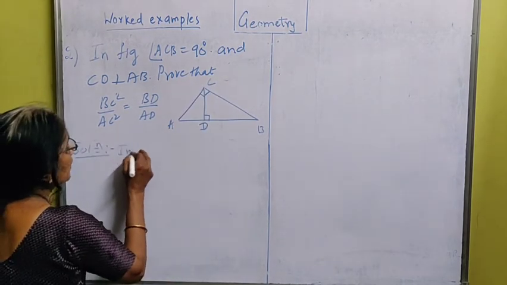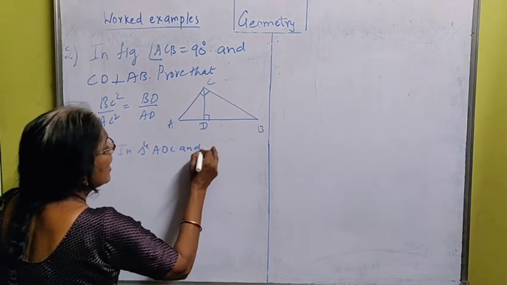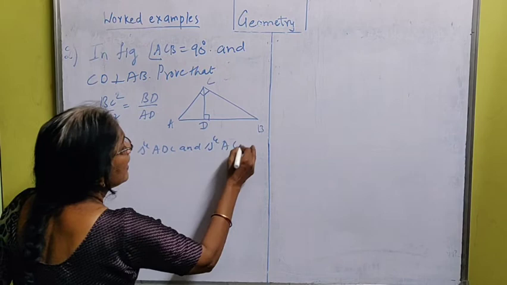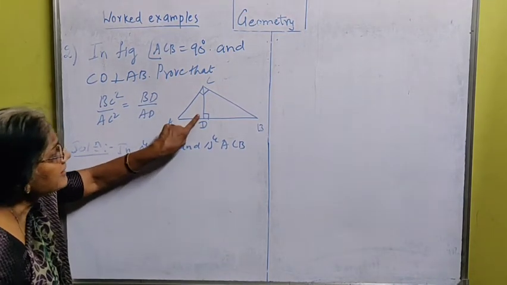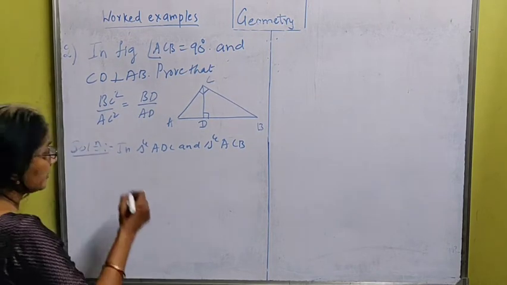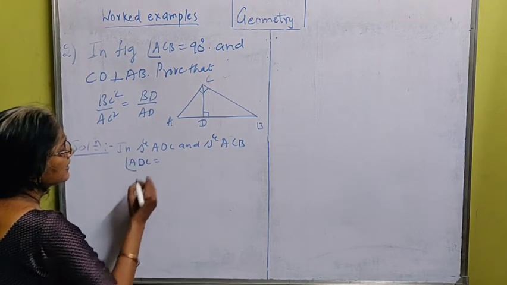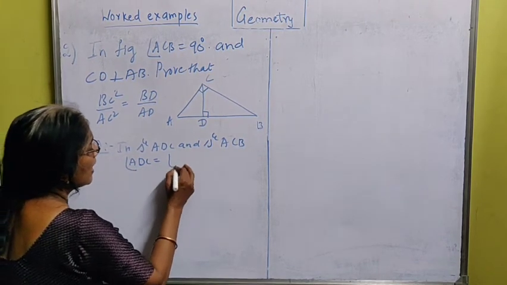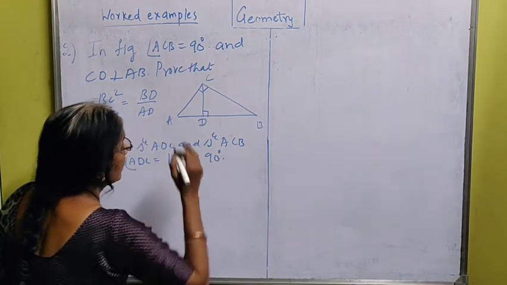So in triangle ADC and triangle ACB, what is given? Angle D is 90 and angle C is 90. Very important. So angle ADC is equal to angle ACB is equal to 90 degree.